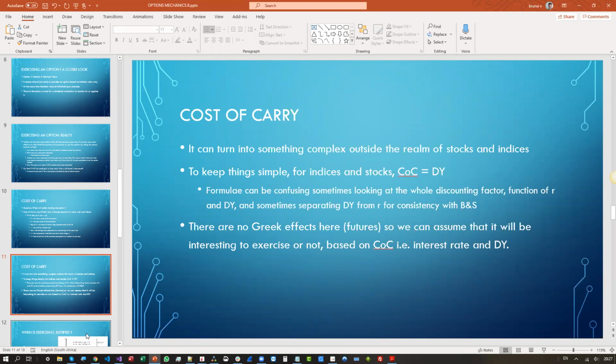And here, specifically on futures, there are, of course, no Greek effects. I mean, futures can have some form of a delta effect, because if you short a future, it's equivalent through the multiplier of minus so many delta, and if you long a future, you get plus so many delta as per the multiplier.